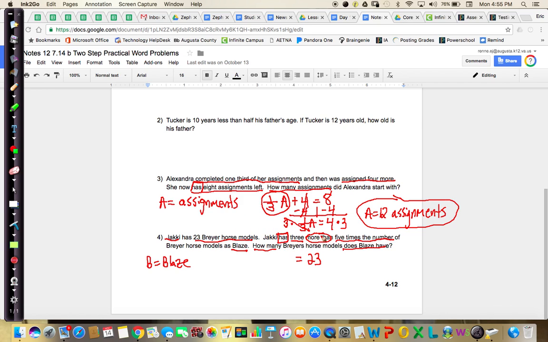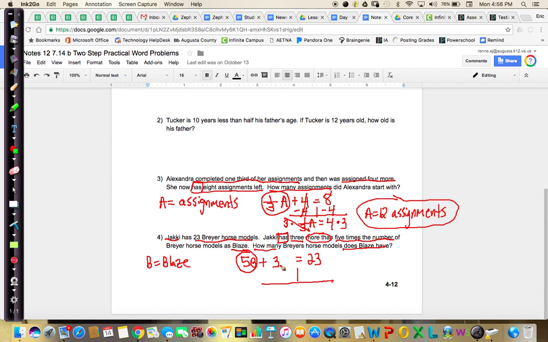And 3 more than 5 times the number Blaze has. Well, we know 3 plus 5 times, we know times means multiply, so I can write 5b. But we know that because I circled it, I can't write 3 plus 5b. I have to write 5b plus 3. So, circle your 5b, draw your t.